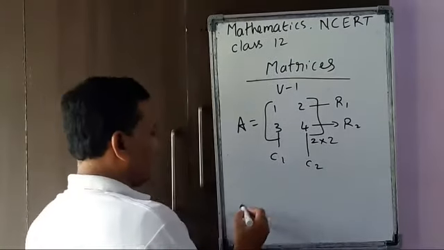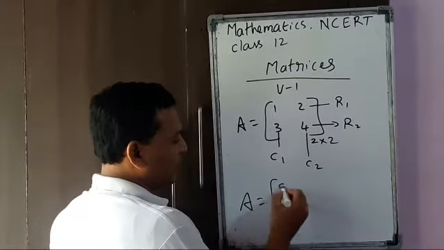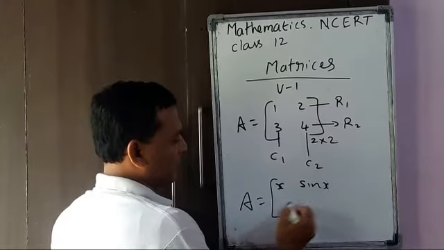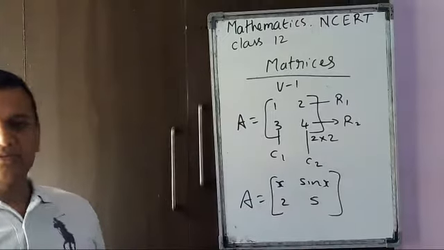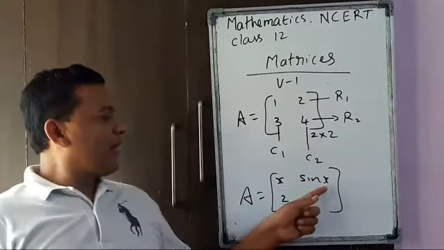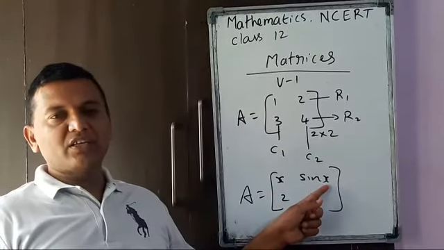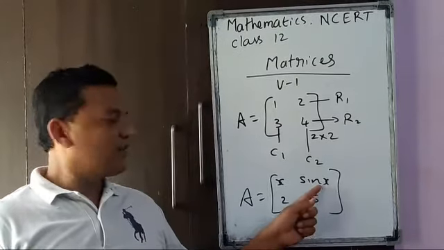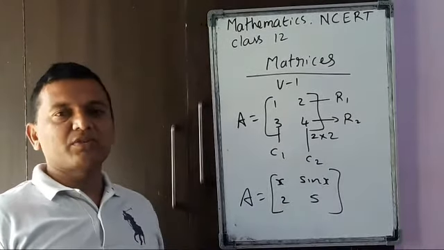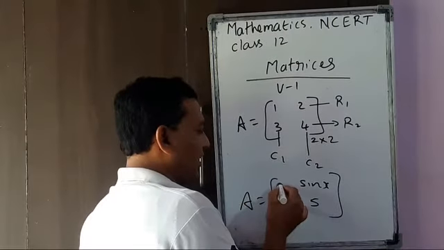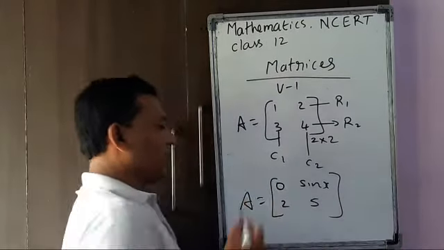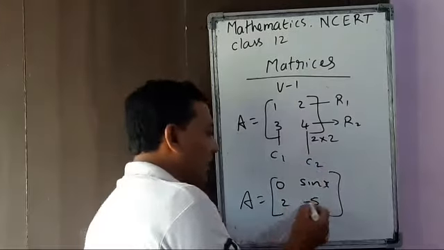So for example, a matrix can also have X. This is also a matrix, where when you give a value or angle, say 30 degrees or 40 degrees or 75 degrees, we get a real number. X also should represent a real number. Or we can say this can be an algebraic function, or it can even be 0, or also a negative number.